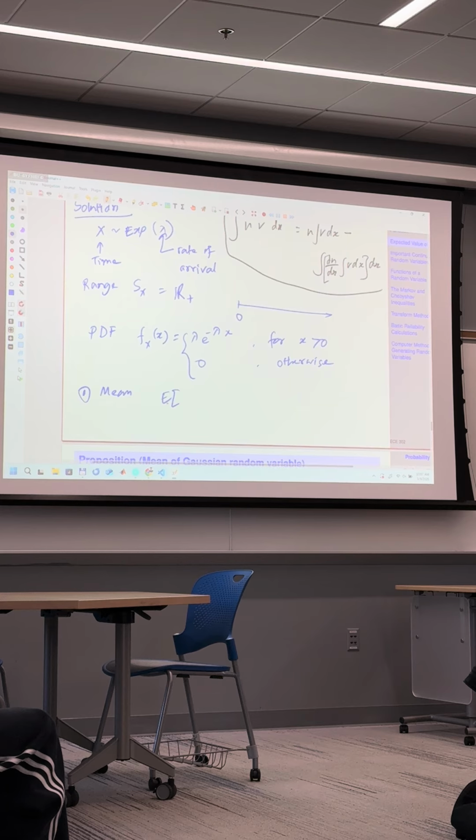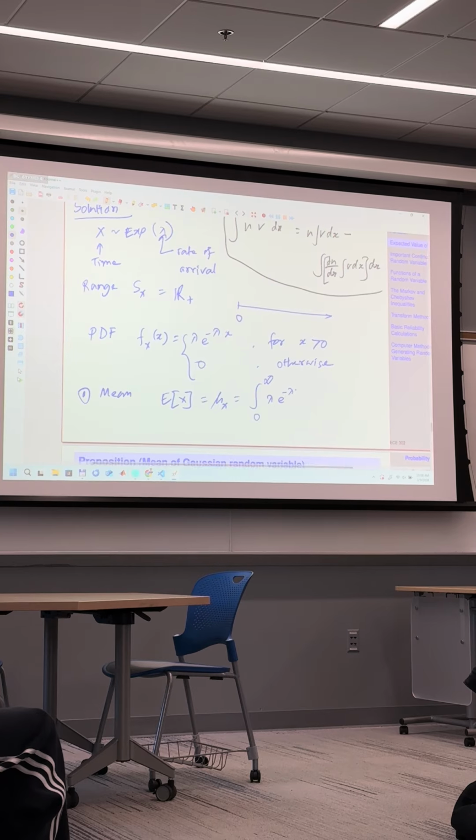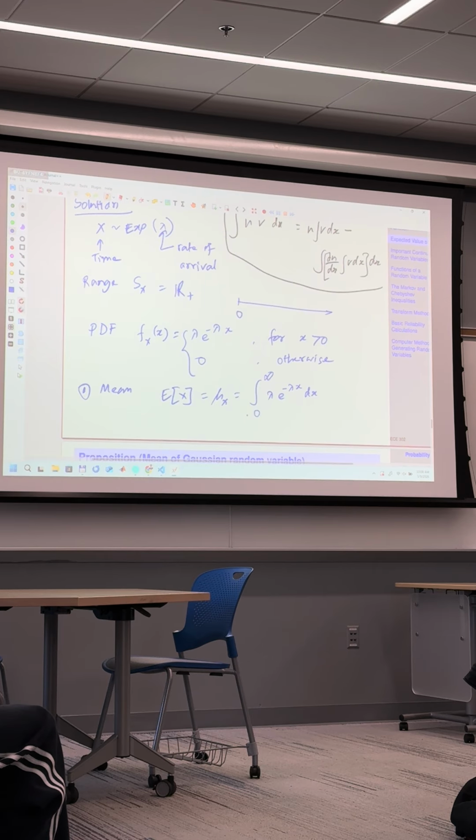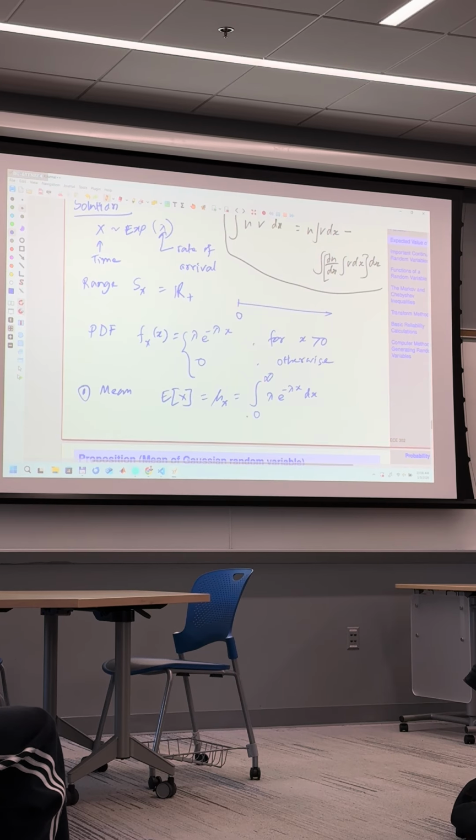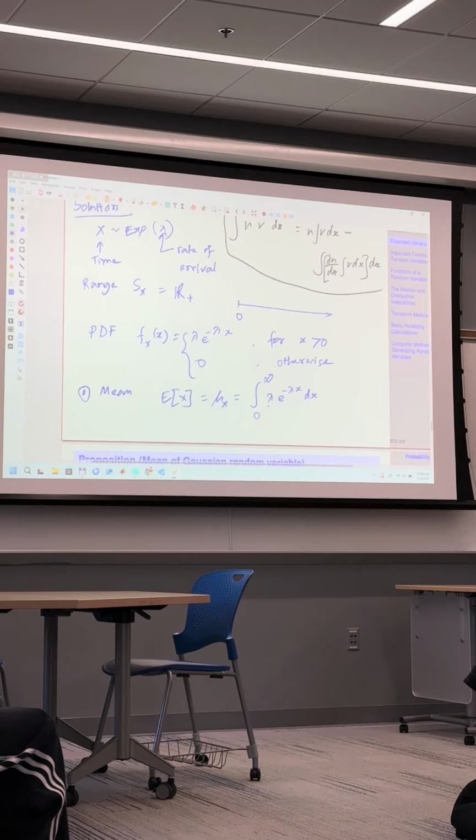The expectation of x, which we denote with mu sub x, is basically the integration from 0 to infinity of lambda e to the negative lambda x dx. This is your PDF, and because we are finding the expectation, we multiply with x here.